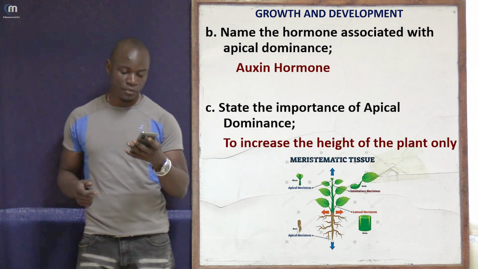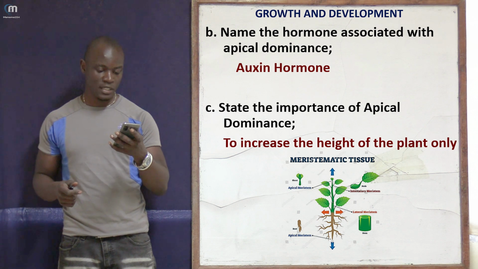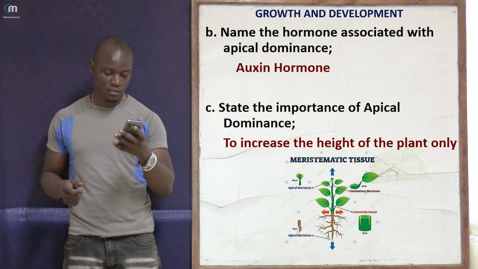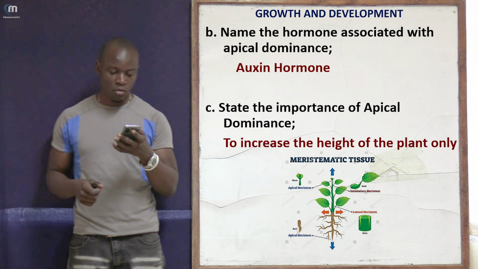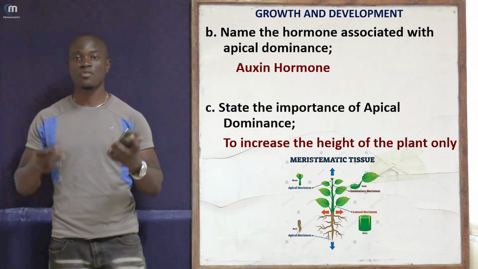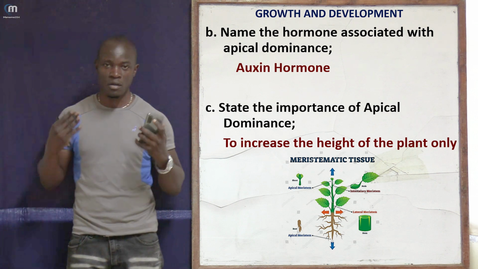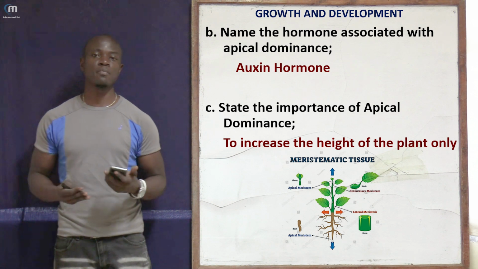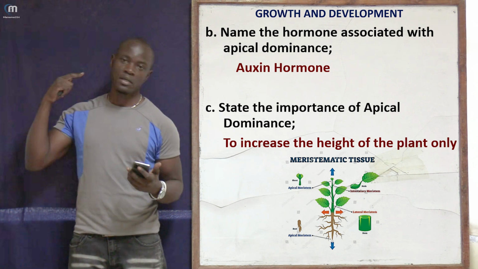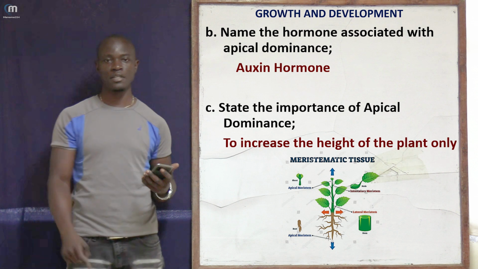The next question is asking, name the hormone associated with apical dominance. Of course, the hormone is the auxin hormone. That is the hormone which is mainly associated with apical dominance, to facilitate the plant to grow upwards and downwards.